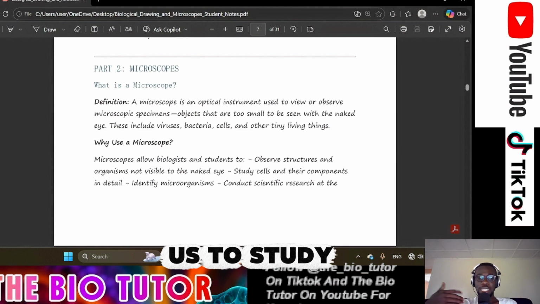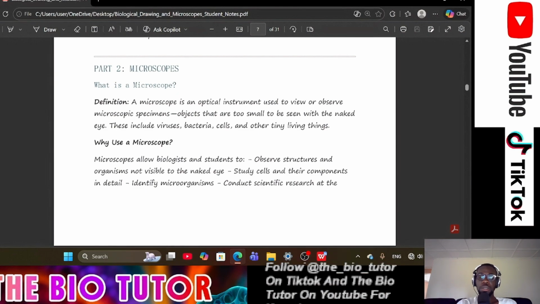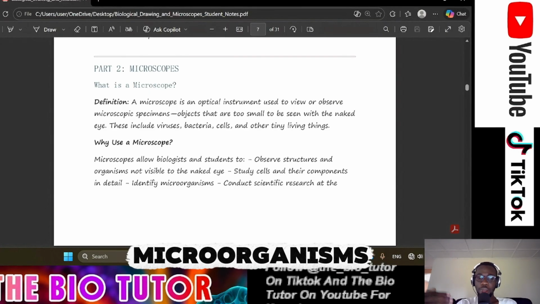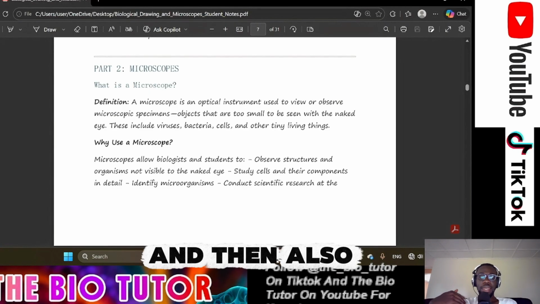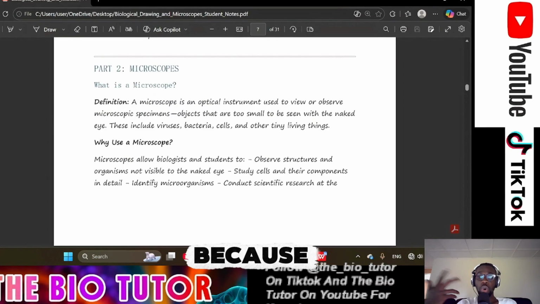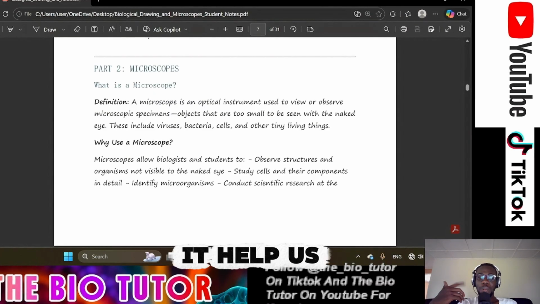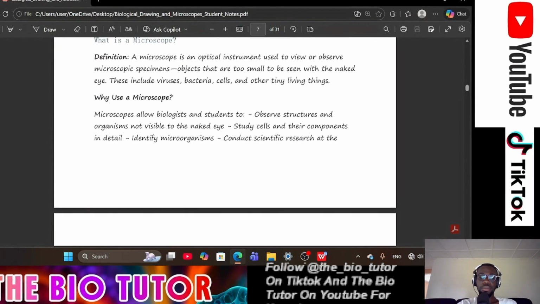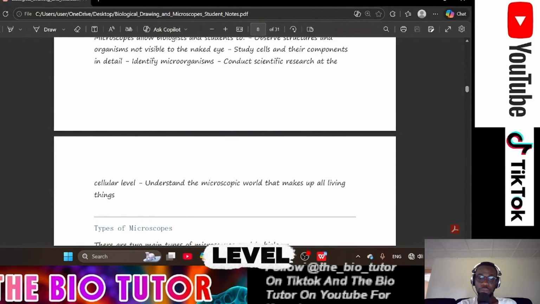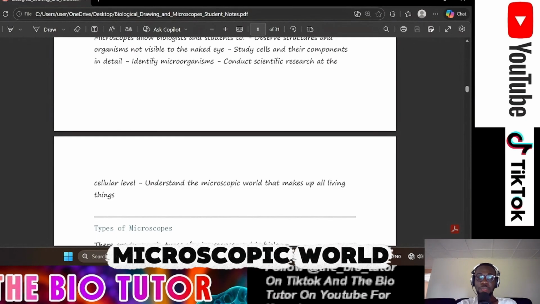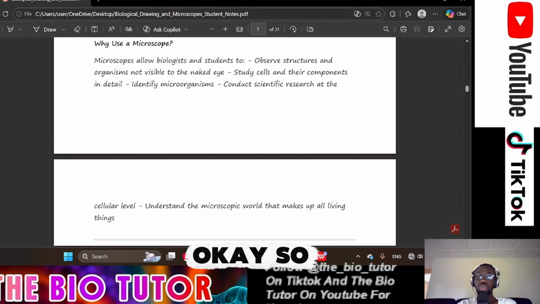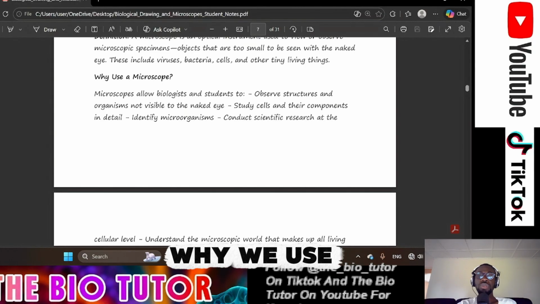Also, it helps us to study cells and their components in detail, and also identify microorganisms. And then also we use microscopes because it helps us to conduct scientific research at the cellular level. Also to understand the microscopic world that makes up all living things. Okay, so these are some of the reasons why we use a microscope.